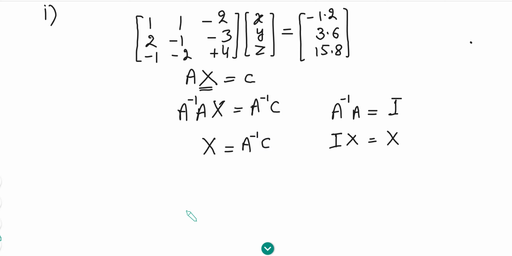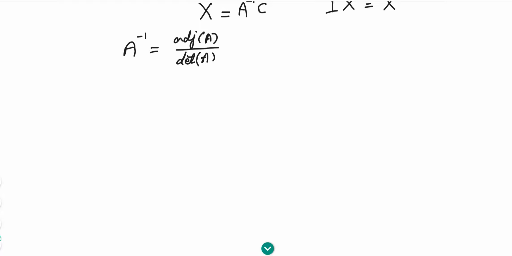Now we need to find A inverse. We know that A inverse is equal to the adjoint of A divided by the determinant of A. So first of all we can find the determinant of A. The determinant of A is written with two straight lines.